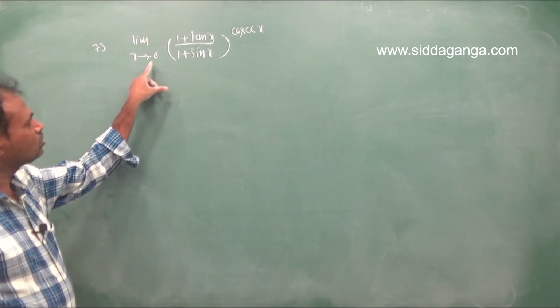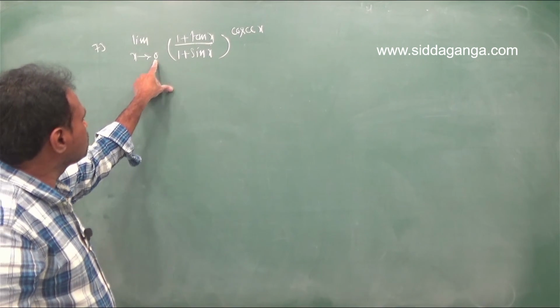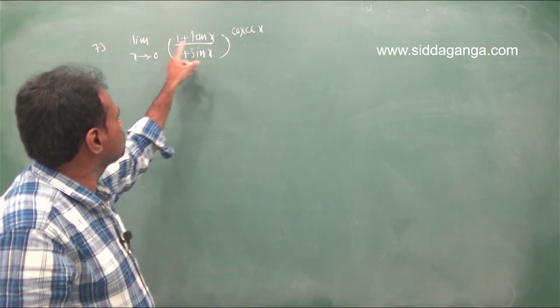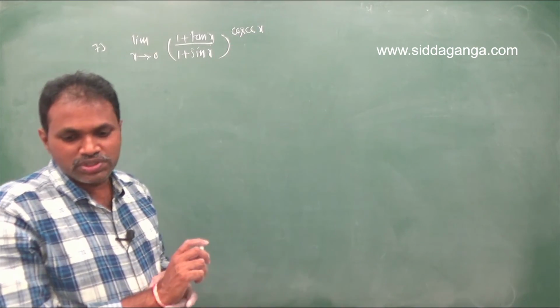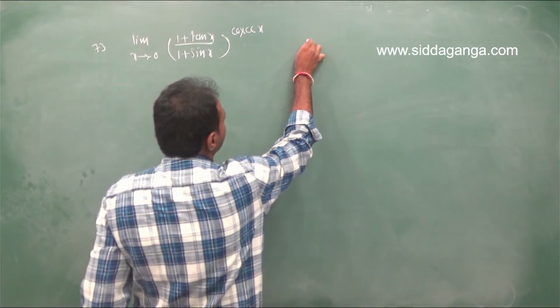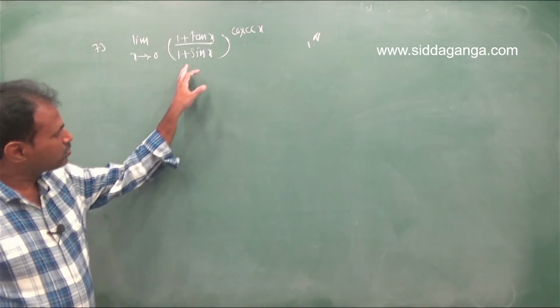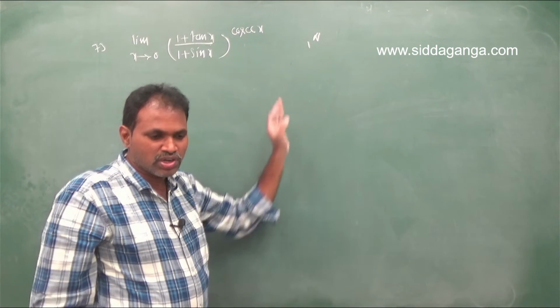If you put x equal to 0, 1 + tan x is 1, and 1 + sin x is also 1, power cosecant 0, 1 by 0 means infinity, it is also 1 power infinity form. If you put x equal to 0 directly in the function, the function is converted into 1 power infinity form.